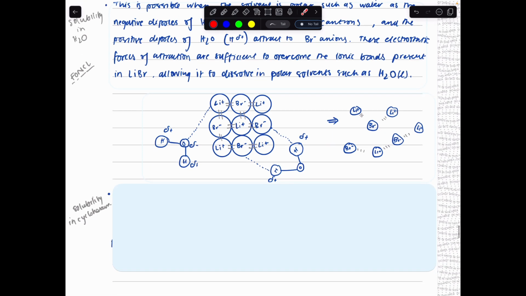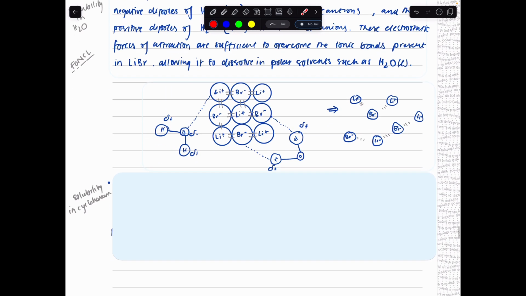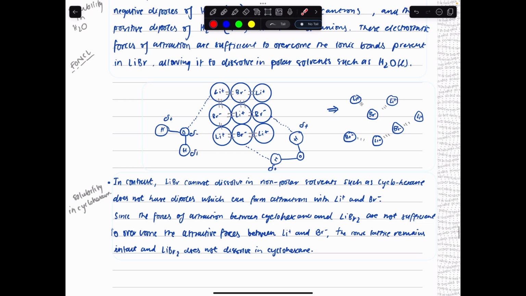Alright, now we need to compare it to the solubility in cyclohexane. So in contrast, lithium bromide cannot dissolve in non-polar solvents such as cyclohexane. Why? Well, cyclohexane does not have dipoles, which can form attractions with the lithium and the bromine. Okay.